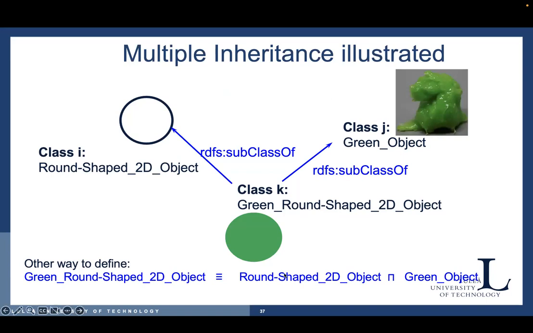Here is multiple inheritance: a green round-shaped 2D object is a subclass of two different classes. So now we are moving from knowledge representation more towards supporting certain types of reasoning.